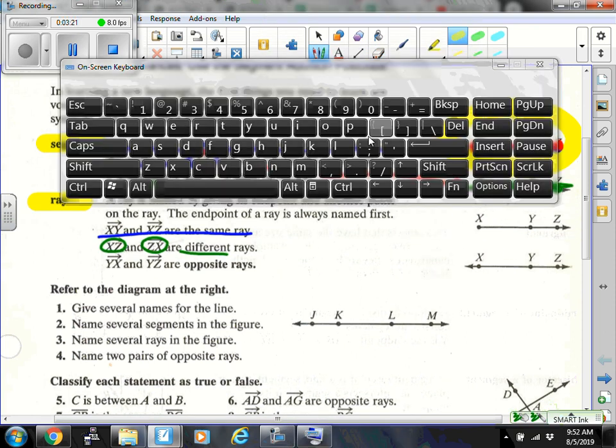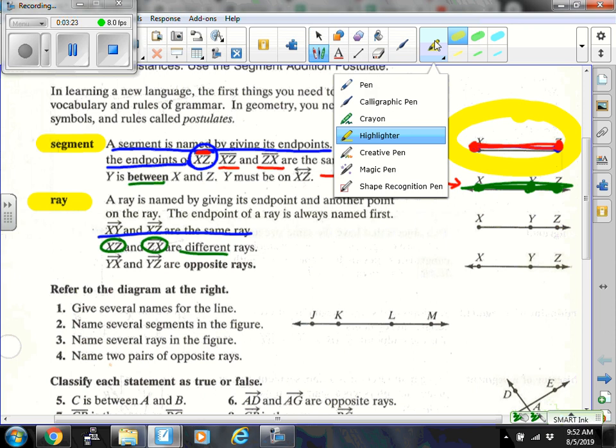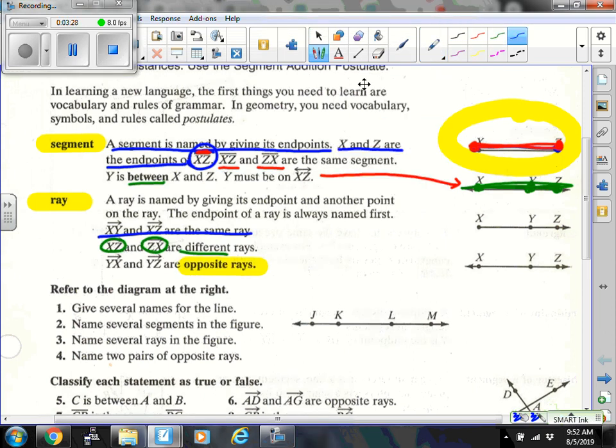Opposite rays are ones where they have exactly the same endpoint, but they go in opposite directions on the same line. So here's why. If I go ray YX, I'm going in the left direction. On the same line, if I go YZ, that is two rays on the same line going in opposite directions, hence called opposite rays.